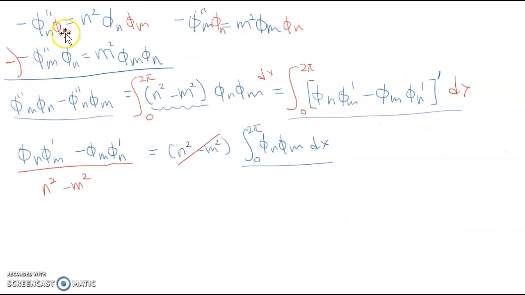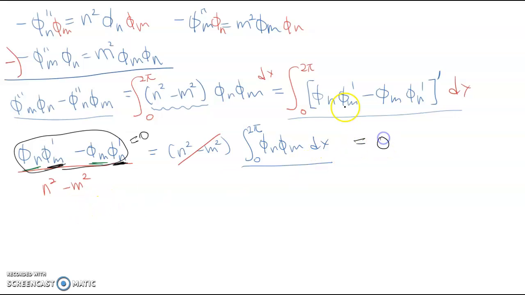So what that means is this and that, phi n at 0 and at 2 pi, those two values are going to be the same, and the ones with the black underline, those two are going to be the same because the boundaries 0 and 2 pi are equal. Therefore the whole numerator equals 0, and 0 divided by any non-zero number equals 0.